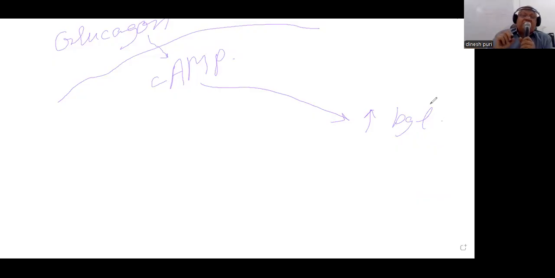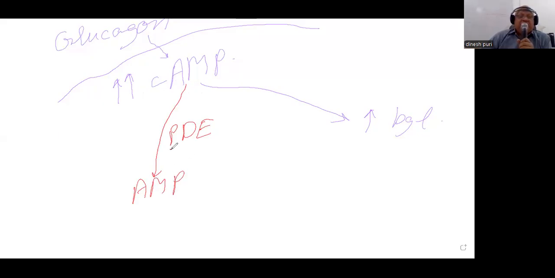Now, what is the effect of caffeine and theophylline on this? They increase the cyclic AMP level. But how? A bit of an advanced point: cyclic AMP is normally degraded by an enzyme called phosphodiesterase, which converts it into AMP.